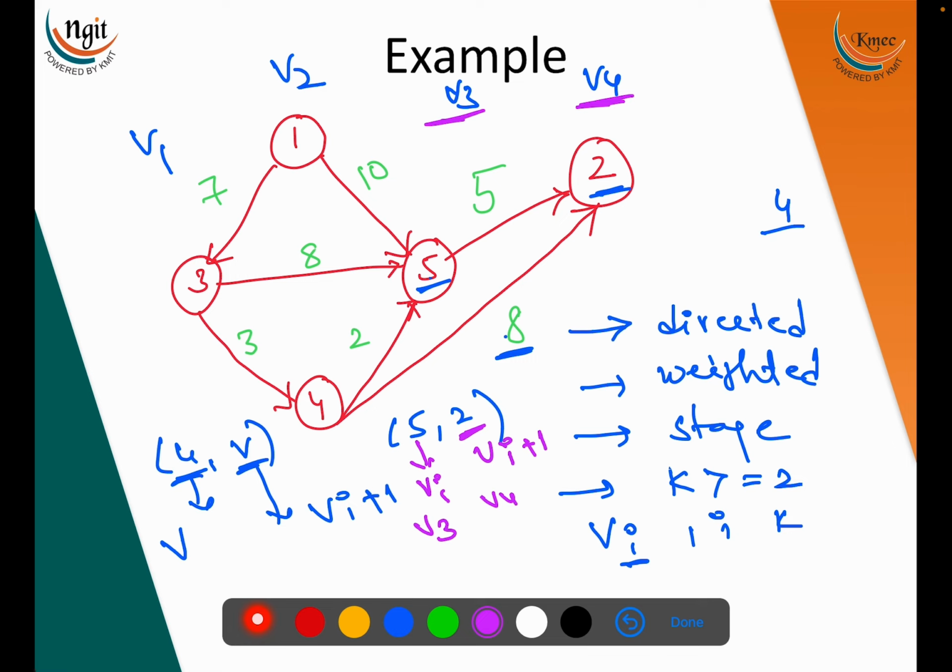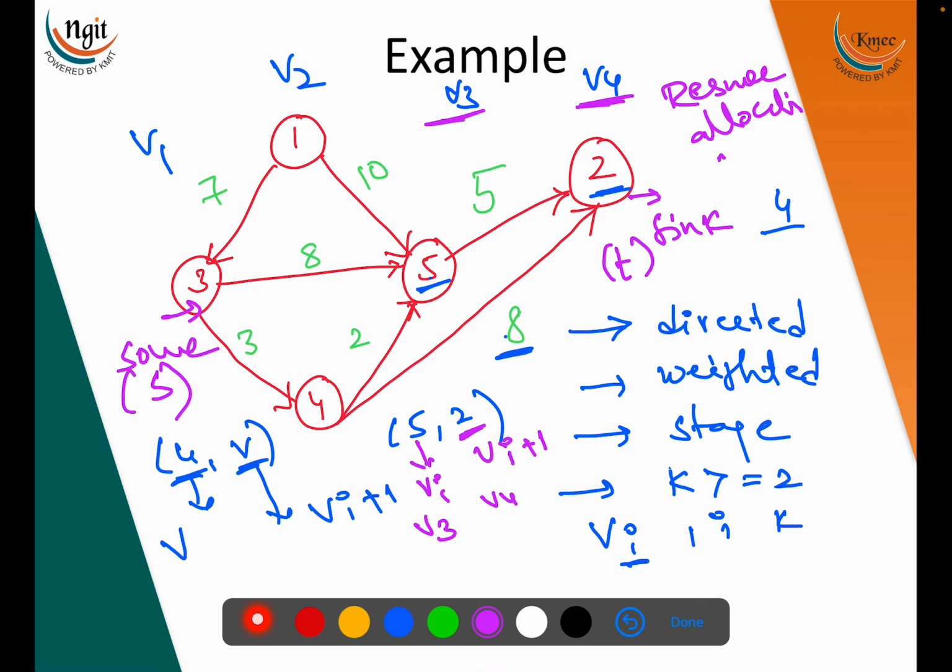Now, the first stage and the last stage will have just a single vertex to represent the starting point, that is the source, and the ending point, which is represented by the sink. So I am denoting them with S and T, source and target, or source and sink. This graph is usually useful for representing resource allocation problems.